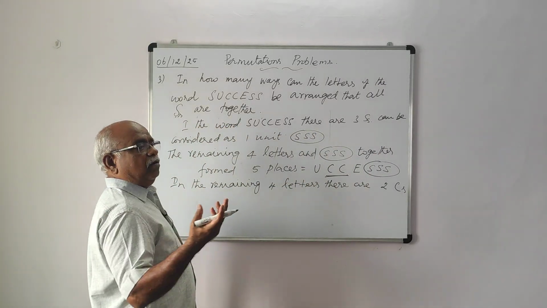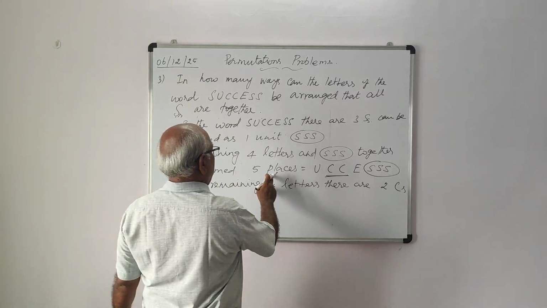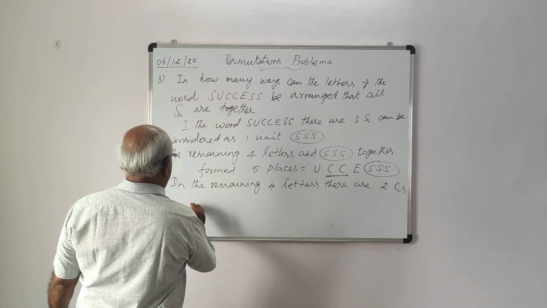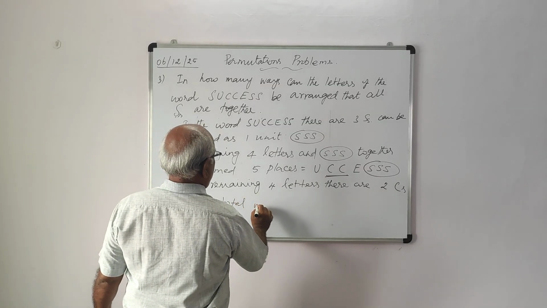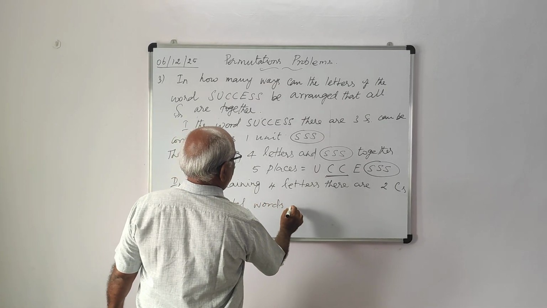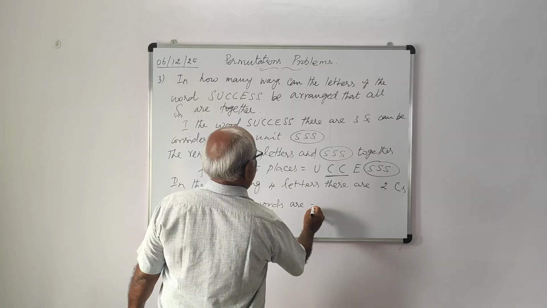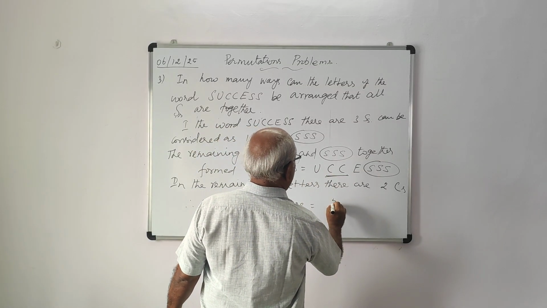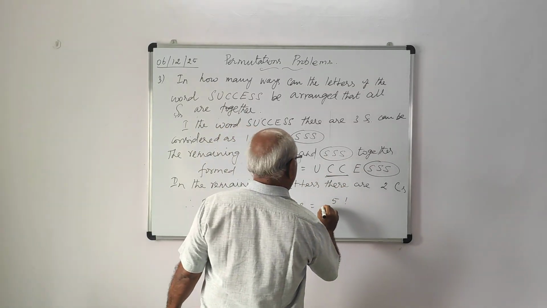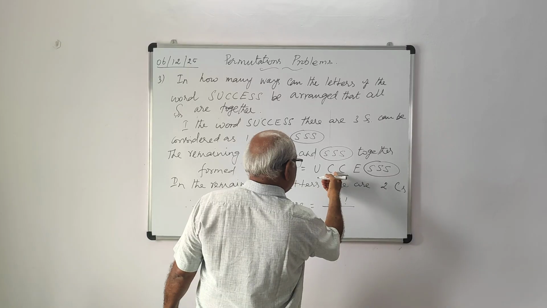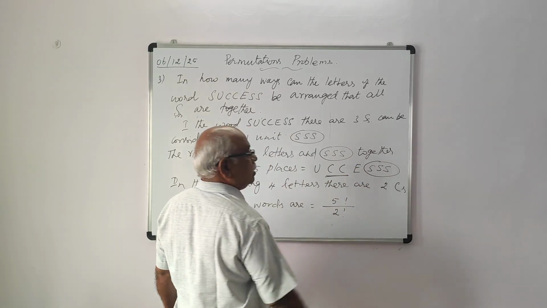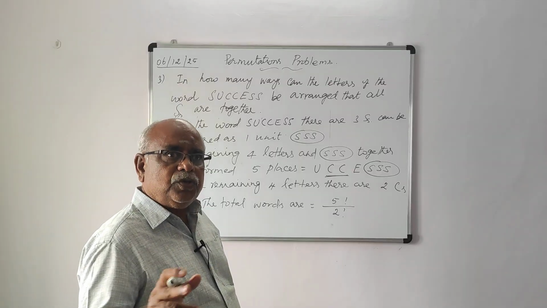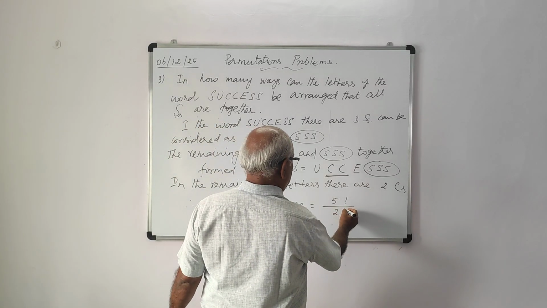Therefore, the total words formed are 5 places, that is 5 factorial ways. Since there are 2 C's repeated, we divide by 2 factorial.